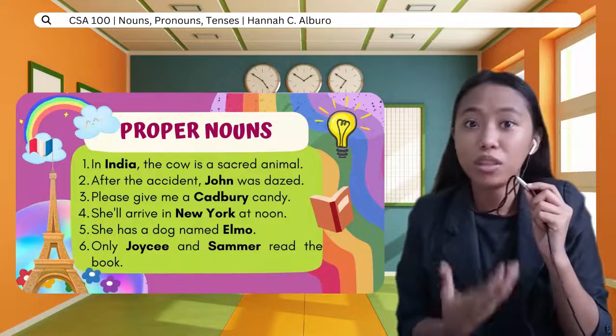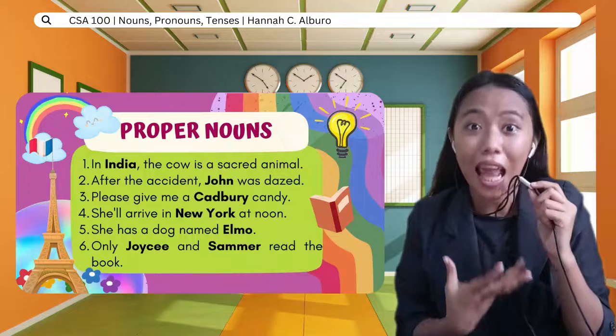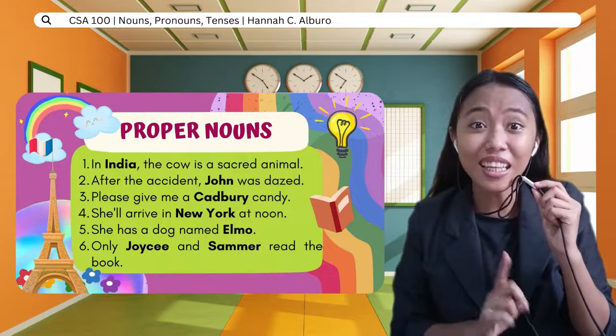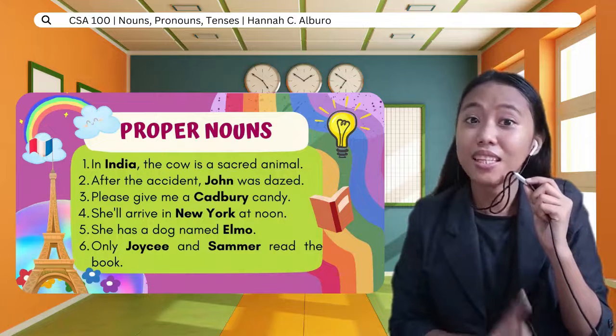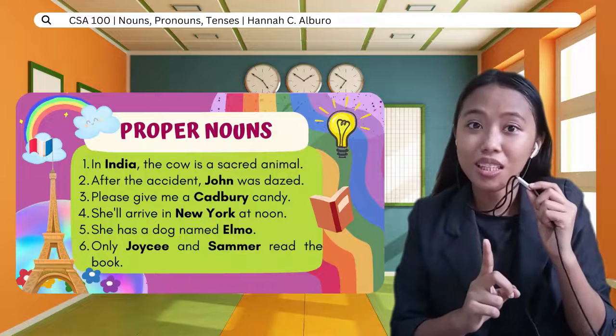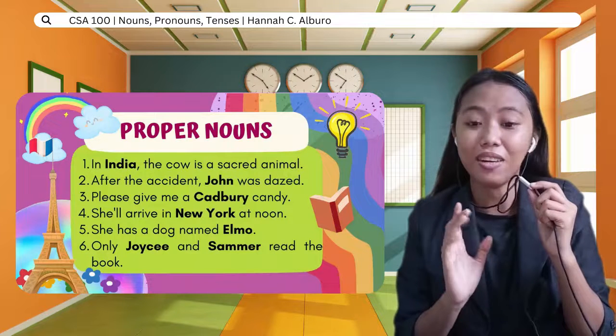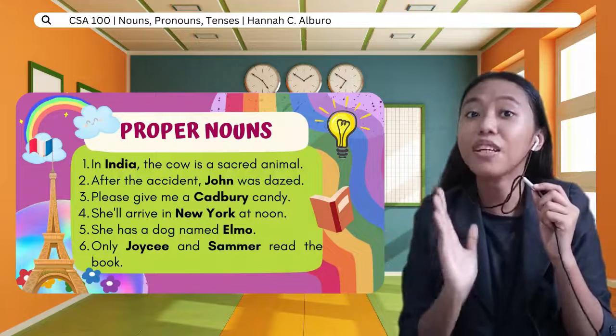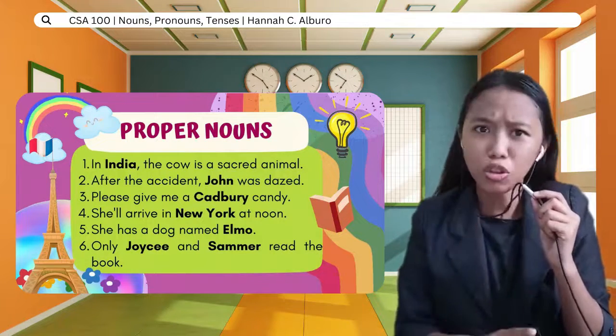So they always start with big letters. Take for example in the first sentence we have, in India the cow is a sacred animal. The word that is in bold form is India, right? So India is actually a specific name of a country, di ba?